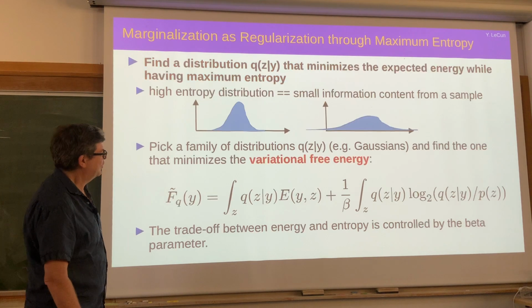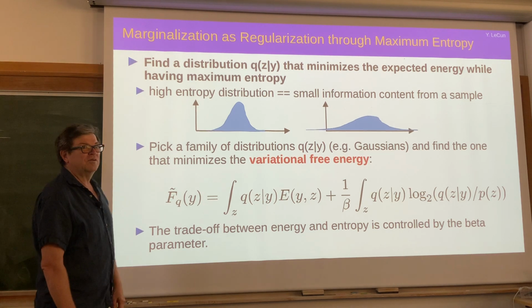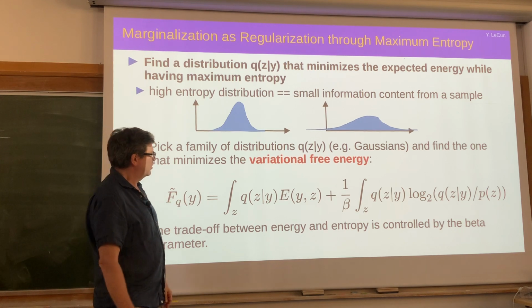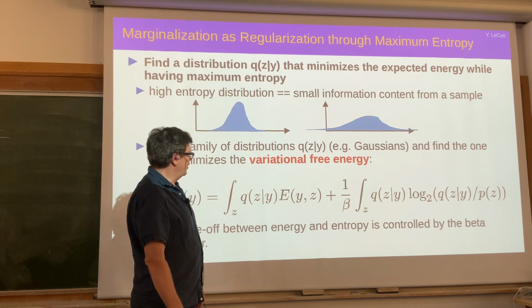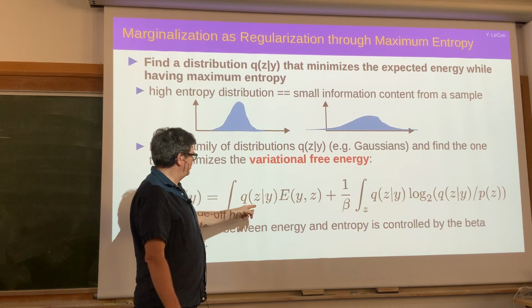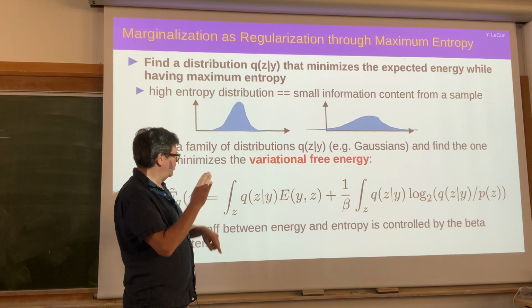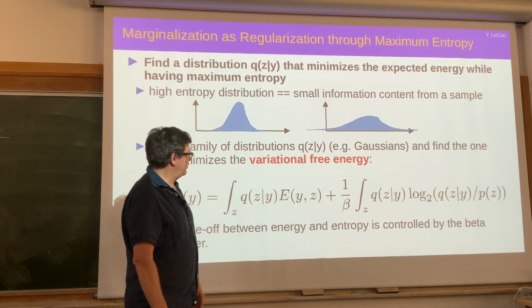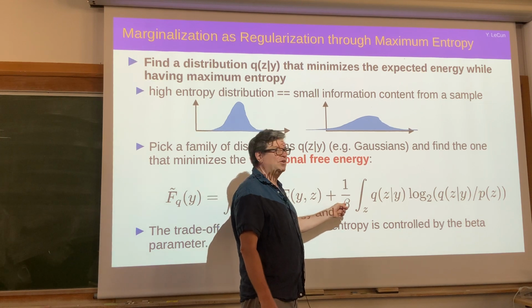Well, obviously we get a very nice formula that you guys know about already, and that Francis actually talked about this morning. The expected energy is going to be the marginalized value of the energy with this distribution Q that I'm using for sampling the Z variable. And then, at the same time, this is the information content of that Z that I want to minimize.